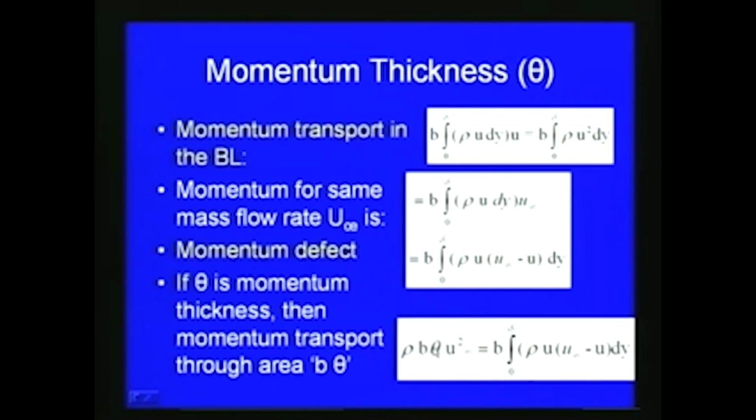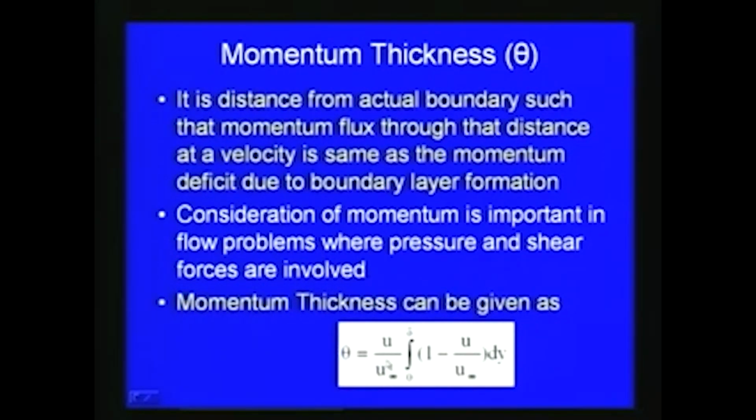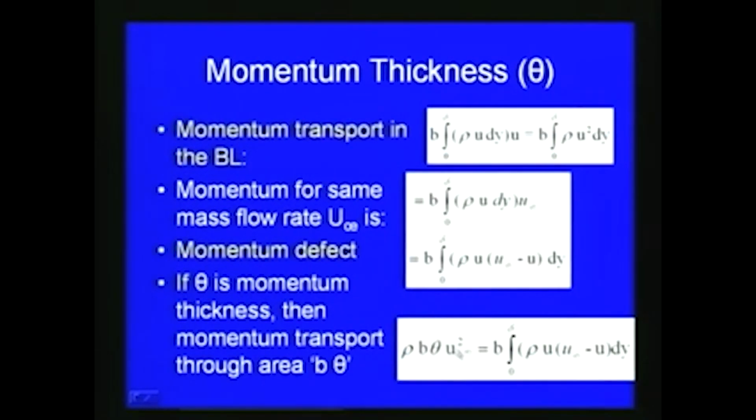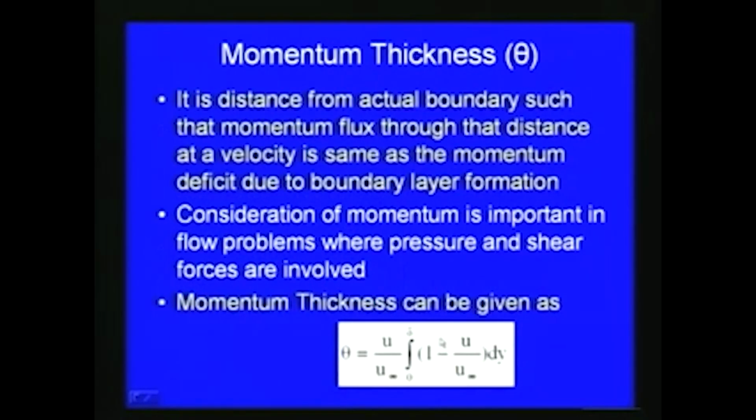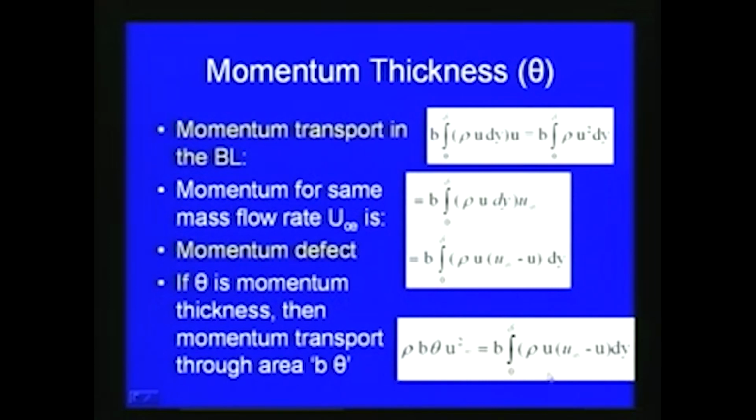So, we can get theta is equal to u by u infinity integral 0 to delta 1 minus u by u infinity dy. So, this is the expression for the momentum thickness which we can derive from this expression.